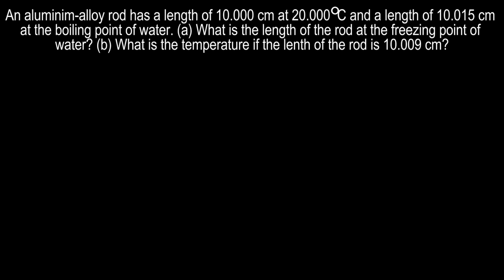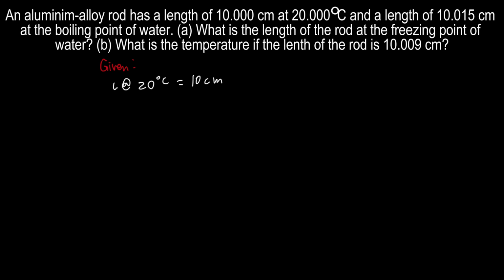So what are we going to do here? First, let's list down all the given. So given are the length of the rod at 20 degrees Celsius is 10 centimeters.